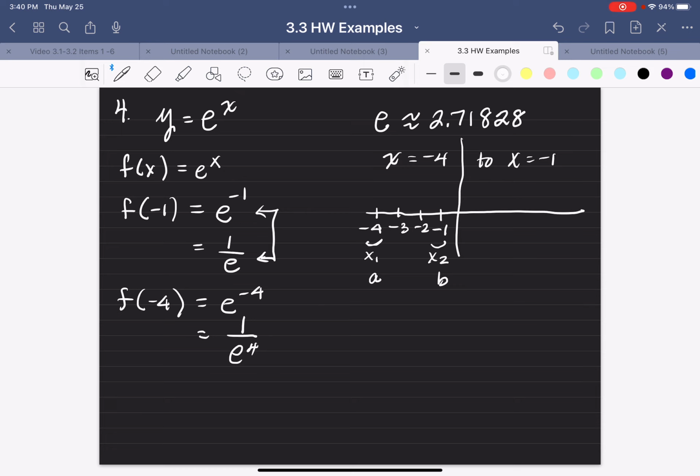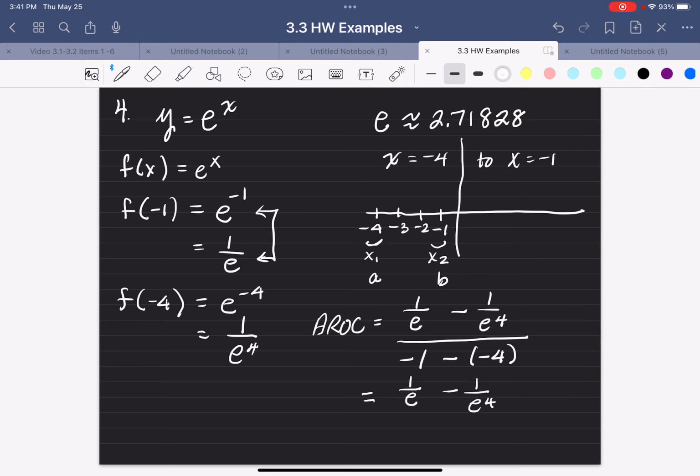Now, when I do my average rate of change, I have 1 over e minus 1 over e to the 4th over, now remember, it's -1 is my second x, subtract -4, my first x, so it's going to be 1 over e minus 1 over e to the 4th divided by -1 plus 4.